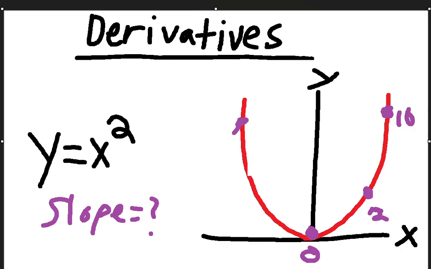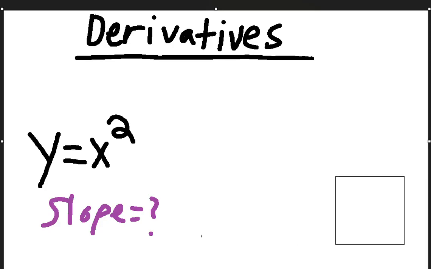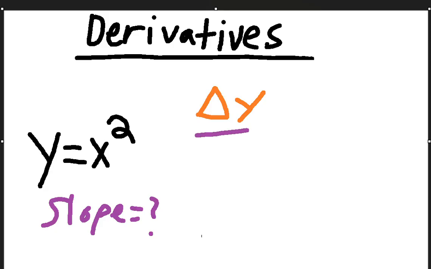And I'm going to erase this for the moment. And we are going to introduce some notation which will become very relevant in the future. So you might recall from earlier that we had the equation delta y divided by delta x as the slope.